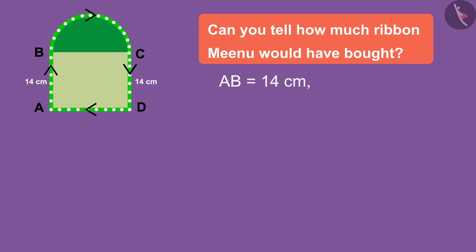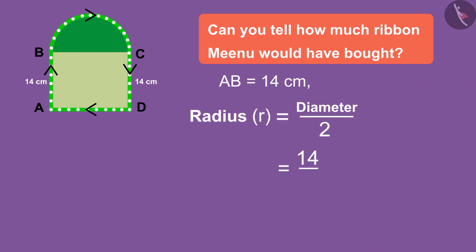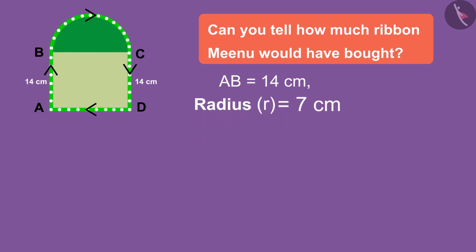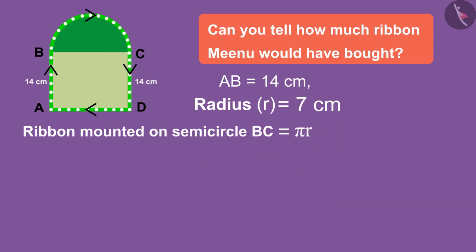In the picture, you can see that the side BC is diameter, so the radius will be 7 cm. With the help of this calculation, we find the length of the ribbon mounted on the semicircle BC.